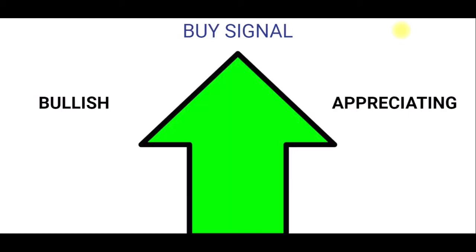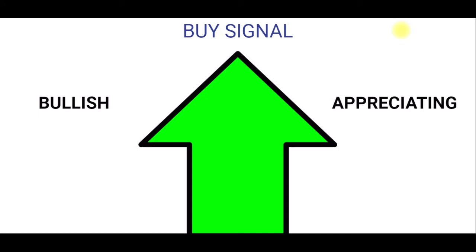Now, there's also another direction it can go, which is sideways. But for the most part, the main two directions of an asset in the financial market are up or down. If it's going up, usually that signal is indicated by an arrow going upward, also known as a buy signal. It can also be known as a bullish signal or a bullish trend.